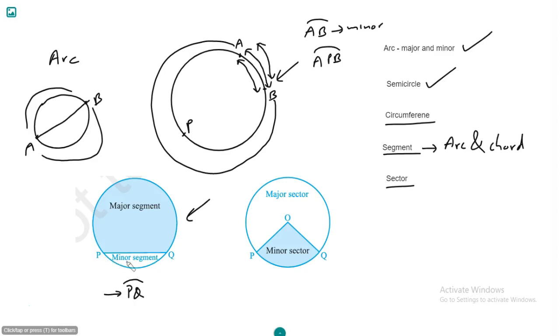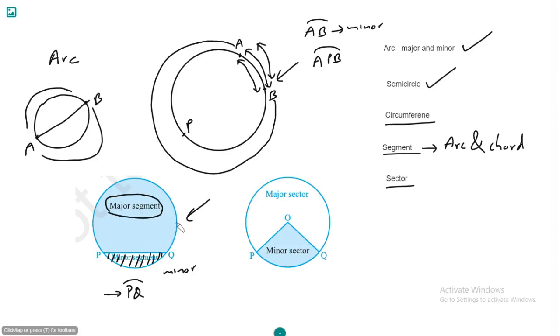If you look at the area between the arc PQ and the chord PQ, you get a segment. So this shaded area is called a segment. And like in the case of arcs, any chord will divide a circle into 2 segments. The small segment is called minor segment, and the large segment is called major segment, right? So if you put the 2 segments together, it becomes a full circle.